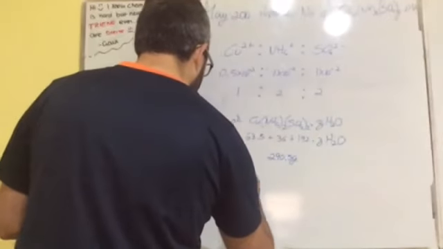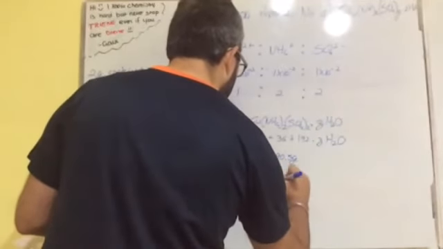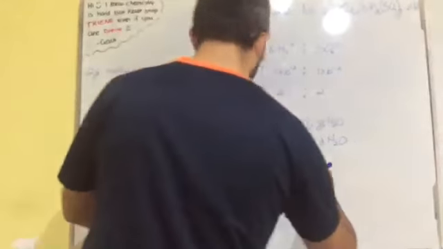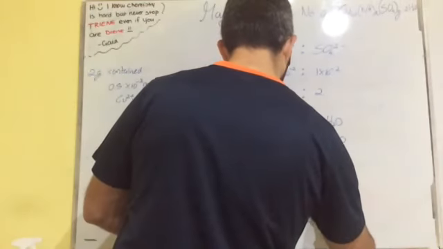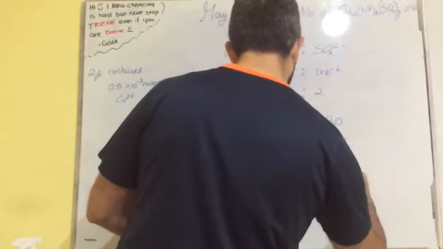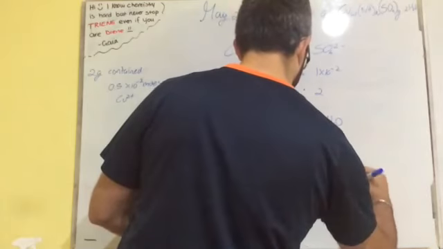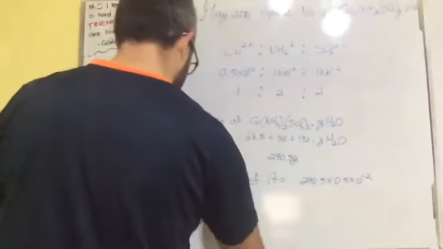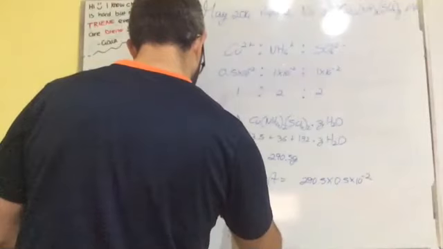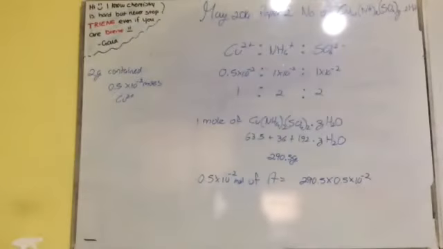Which would mean that 0.5 times 10 to the minus 2 moles of A should be equal to 290.5 times 0.5 times 10 to the minus 2. Okay, and that number would be equal to, give me a second to work it out, 1.45 grams.